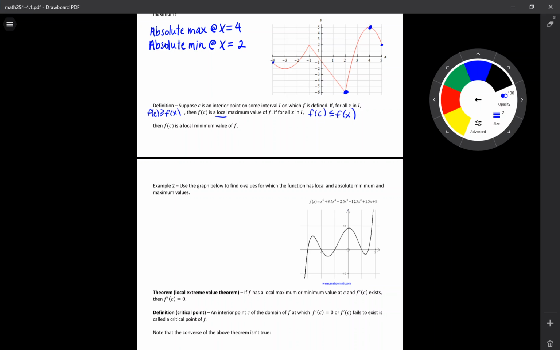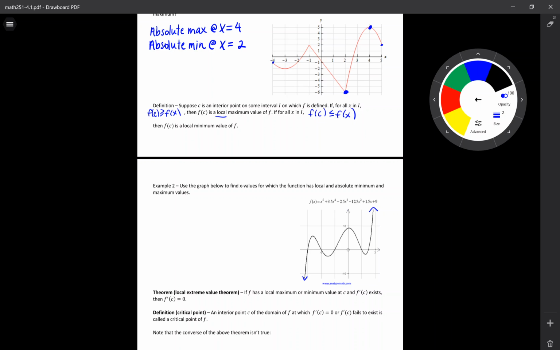So let's use this graph to find which x values this function has local and absolute minima and maxima values. Let's pretend that these arrows go on forever. This is the graph of x to the power 5 plus 3.5x to the power 4 minus 2.5x cubed minus 125x squared plus 1.5x plus 9. All right, so we want to find the local max, local min, and absolute max and absolute min.